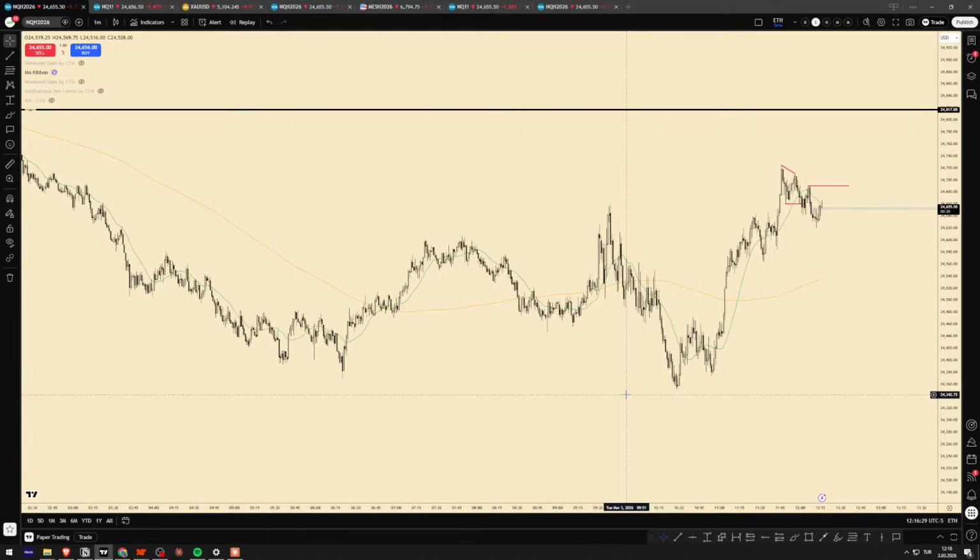Price doesn't care about it. Price does whatever it does, and I shouldn't get frustrated or angry at price just because the pattern I tried didn't yield the result I expected, right?